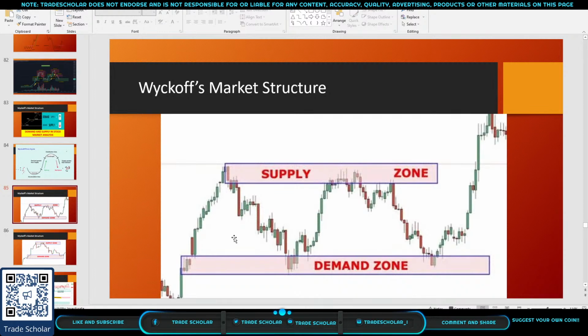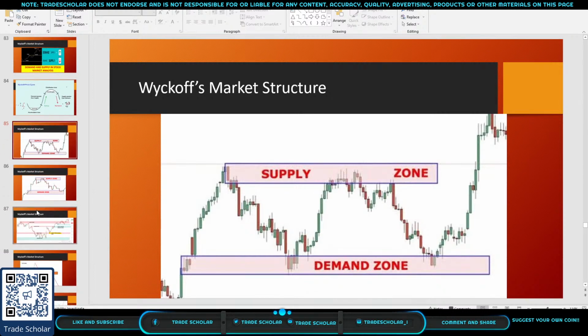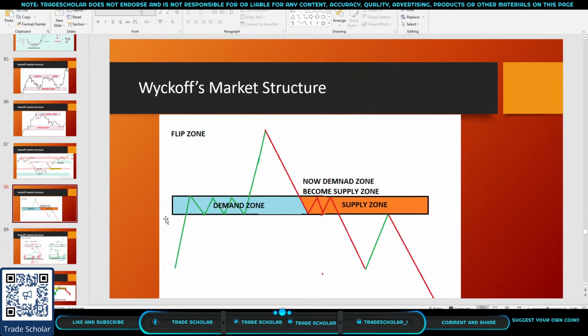So it pumps again. Take note of that demand and supply zone. Here is the flip zone. Demand, pumps, rally, base, rally. From this rally, then it drops. Now the demand zone became a supply zone.